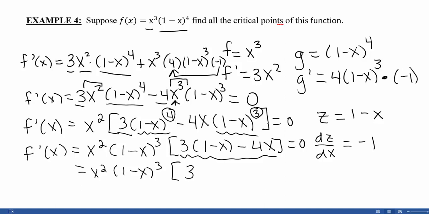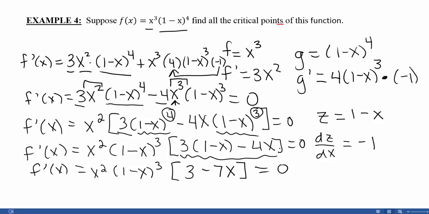So negative 3x minus 4x is going to give me minus 7x. So now my derivative is fully factored and fully simplified as much as I can. So again, I have 3 things multiplied together. I need to set each one equal to 0 to see what my critical points are going to be.